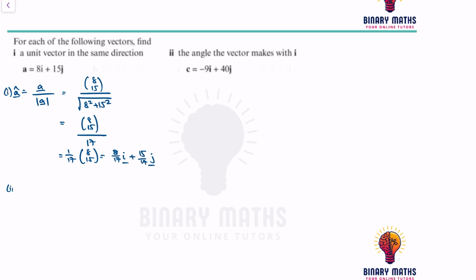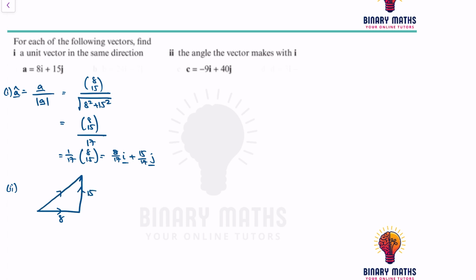So part 2 would be find the angle that vector makes with I. So the 8i plus 15j, what angle does it make with vector I? So that means this 8i is going 8 horizontally. J is 15, so it's going 15 vertically.